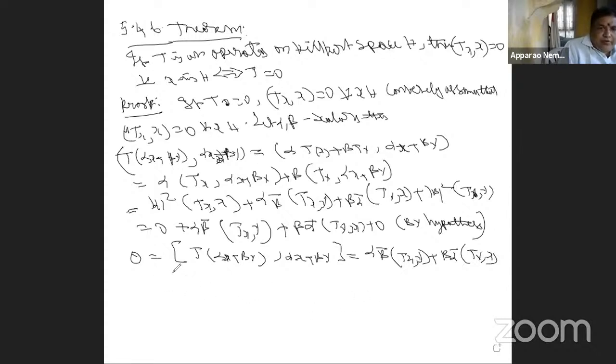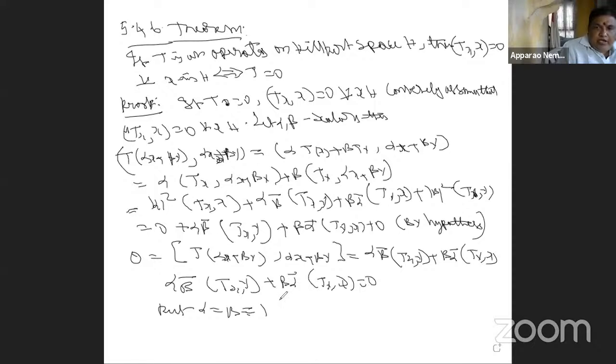That means alpha beta bar T of x comma y plus beta alpha bar T of y comma x, that equal to 0. Here put alpha equal to beta equal to 1. We obtain T of x comma y plus T of y comma x, that equal to 0.